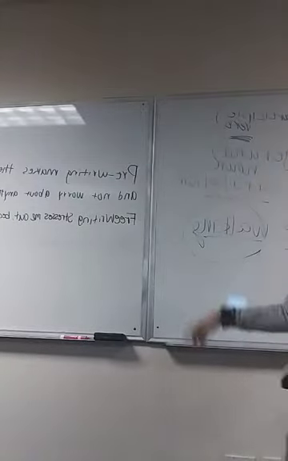Now, what have I got going on in this sentence where I need to make it parallel? Pre-writing makes the essay easier to write. I can just write ideas down and not worry about anything being organized. Okay, so, oh, there we go.